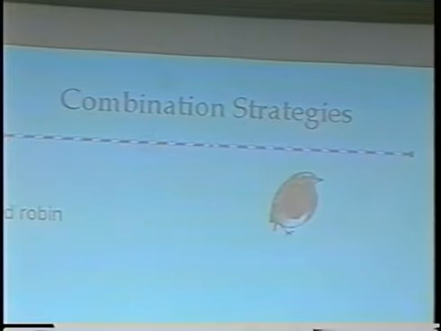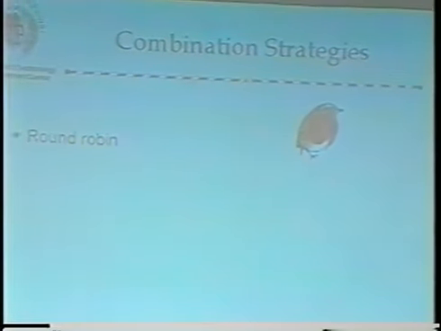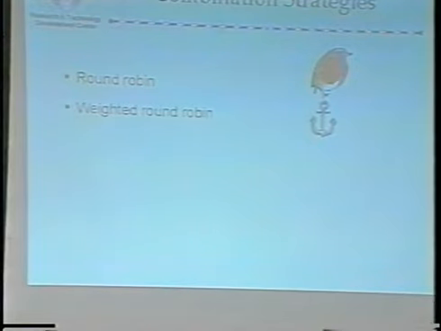There are a variety of strategies you could take for combining various different runs. You could take a round robin approach where you just take one from here, one from here, one from here, and so on. You could do weighted round robin where a run that you think is better gets a little more weight.